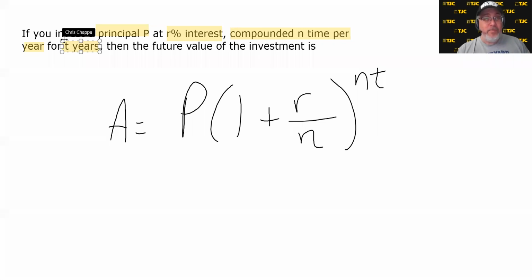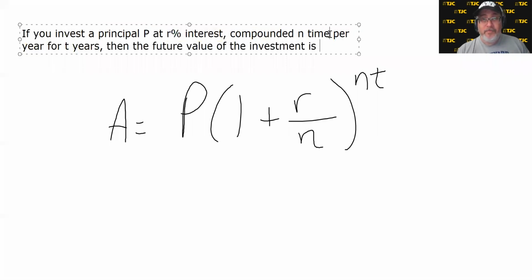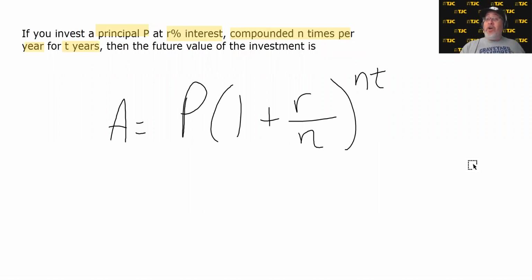So there's all of our players, if you will. P is how much money you're investing, R is the interest rate, N is how many times per year interest is compounded, and T is the length of the term. Then the future value of the investment is A equals P times parentheses 1 plus R over N, all to the NT power.